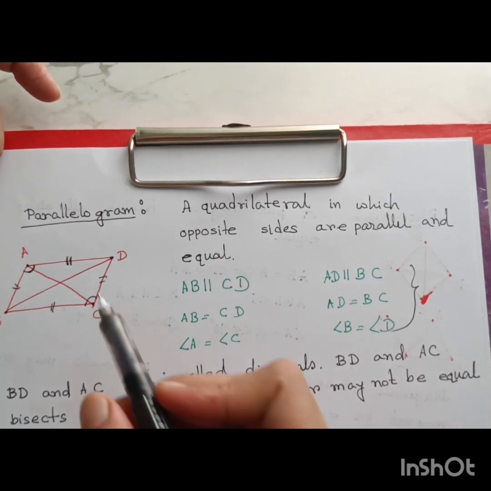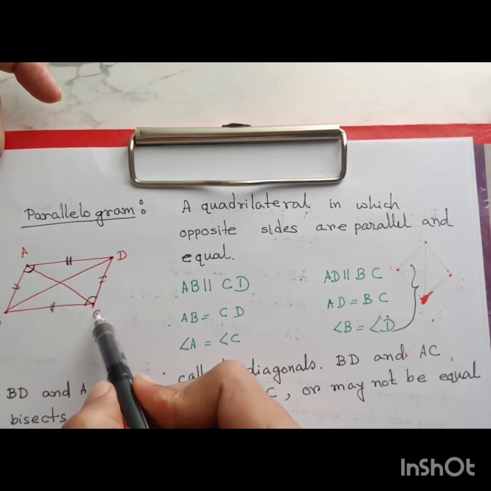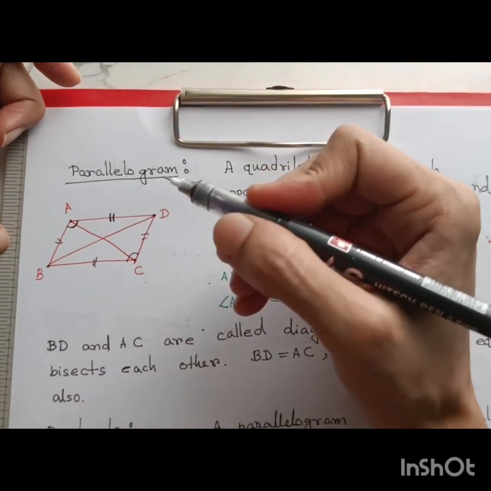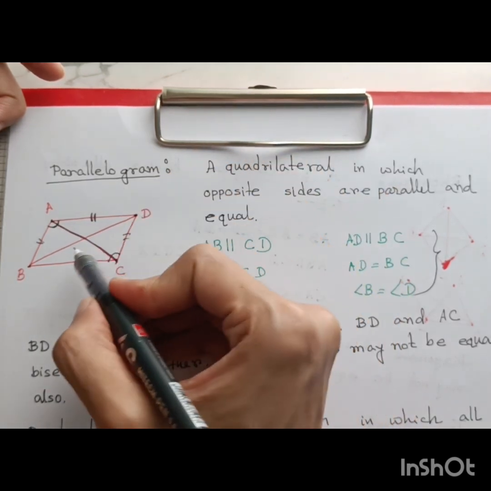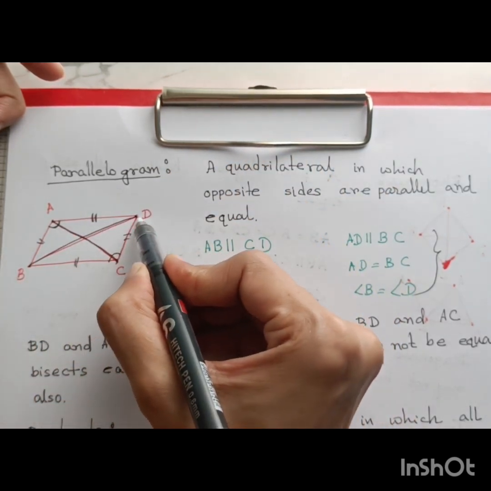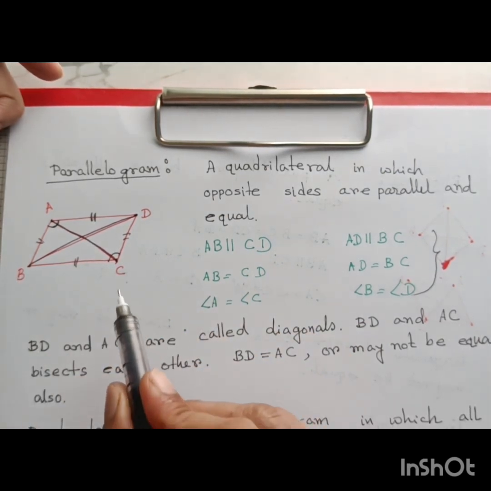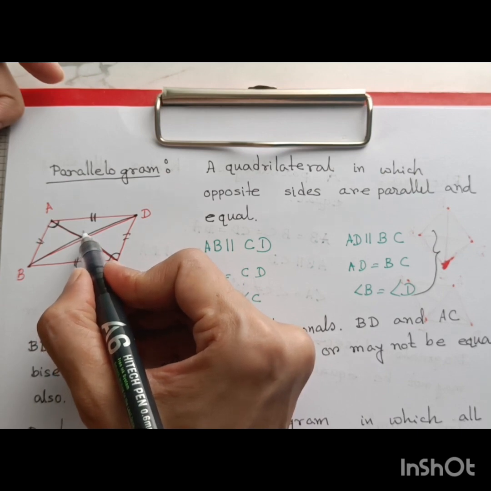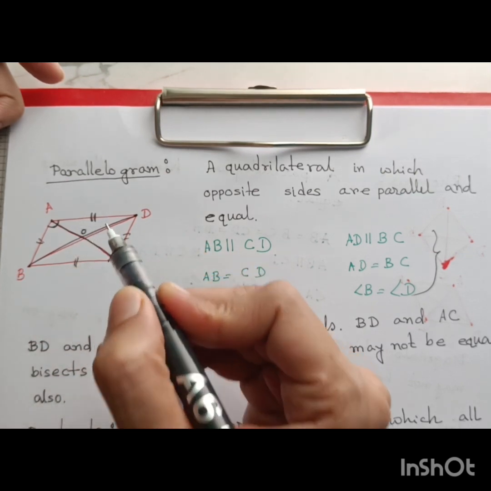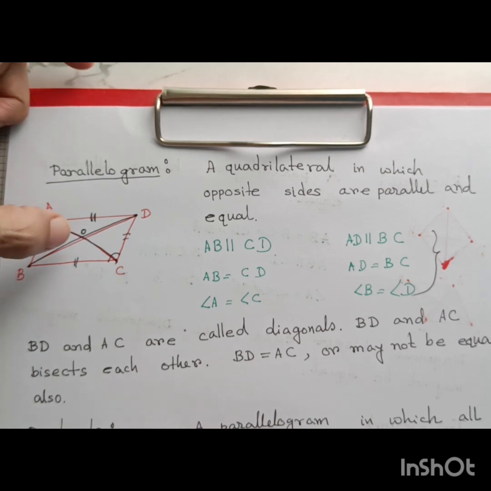Okay, and this is the line AC and this is line BD, called the diagonals of the parallelogram. The diagonals are intersecting at O. I am putting a name O, and the diagonals bisect each other. What is bisection?